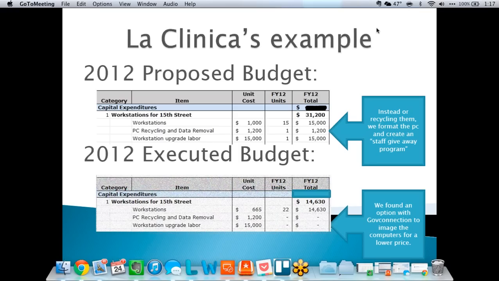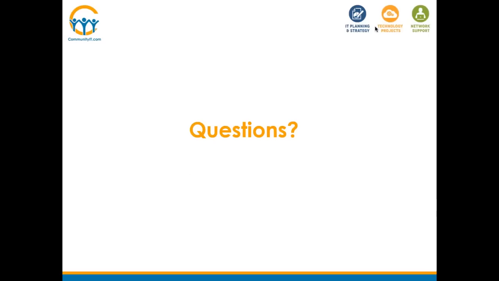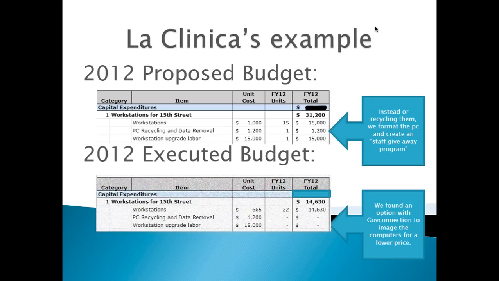So I think one of the things that I like about this example also is that what you don't see here is the larger picture of La Clinica's budget, which was investing quite a bit in some network connectivity initiatives.